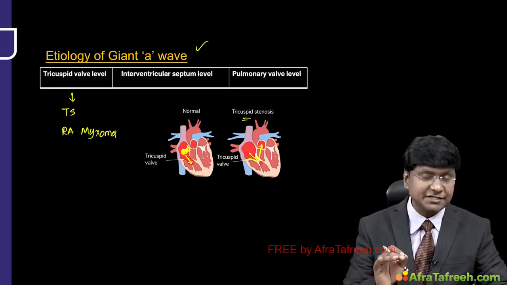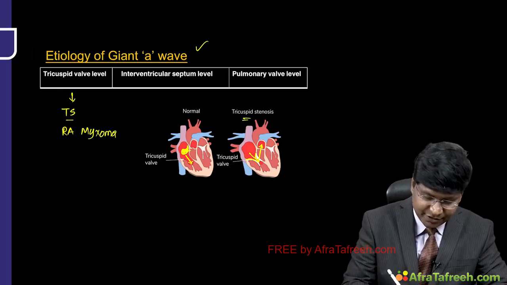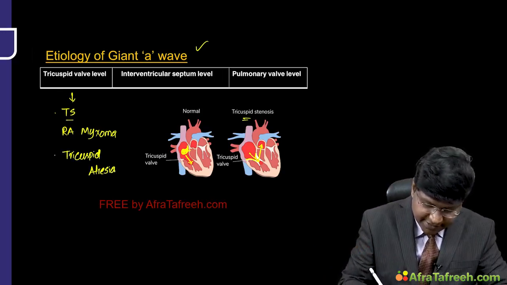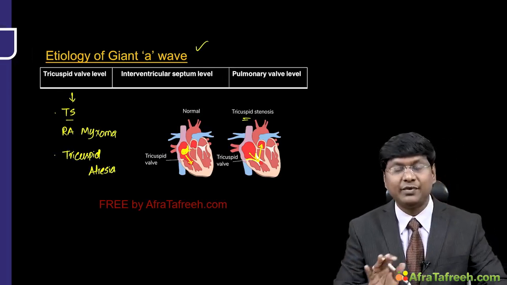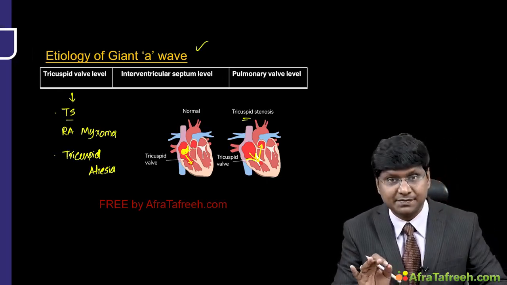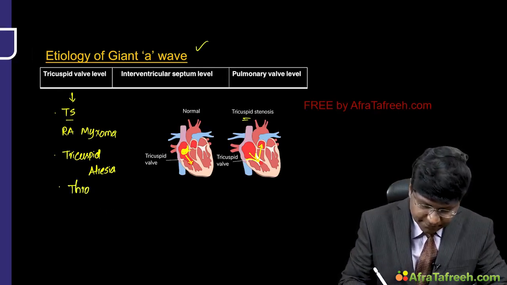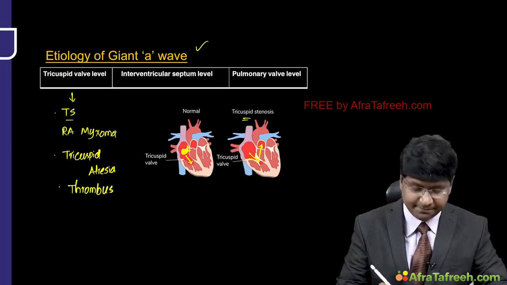So the tricuspid valve pathology like tricuspid stenosis, and then the conditions like tricuspid atresia where there is abnormality within the tricuspid valve, then the presence of thrombus within the right atria.